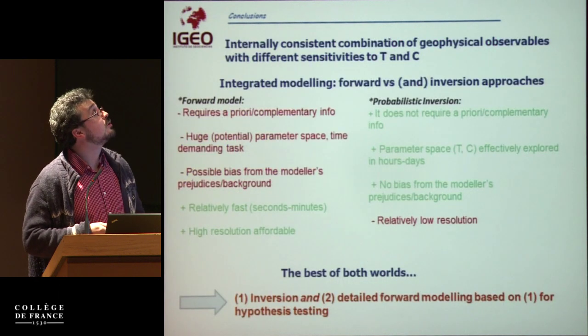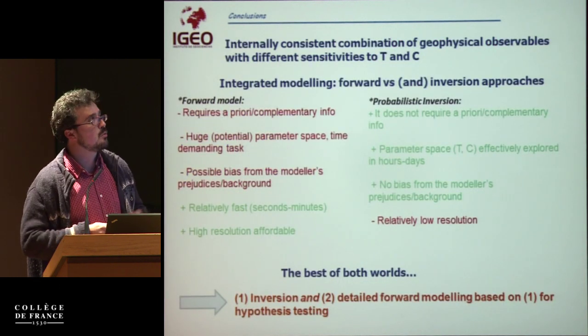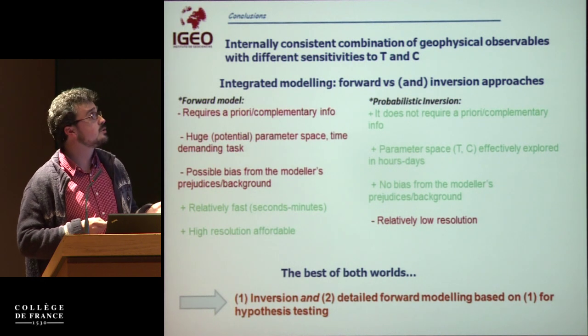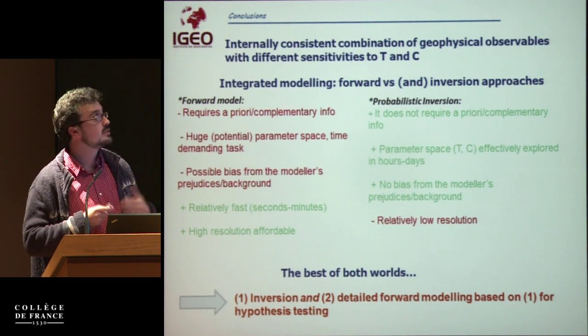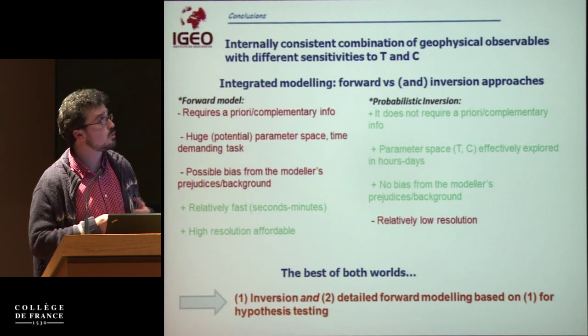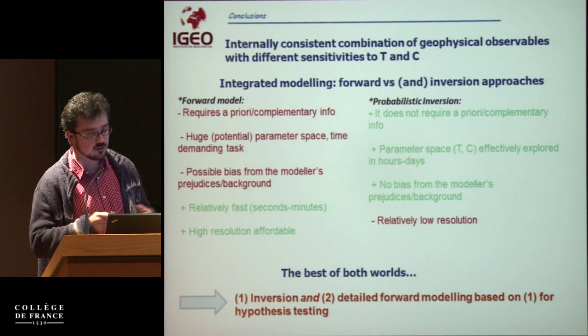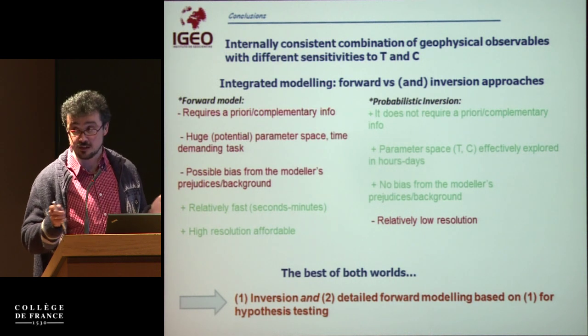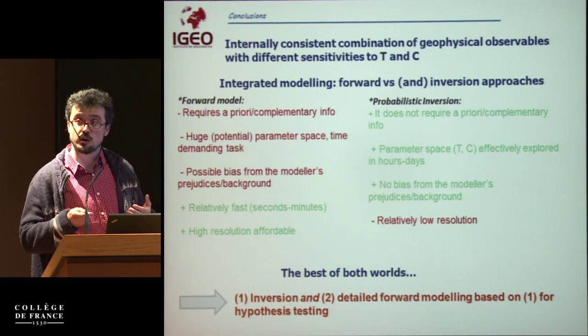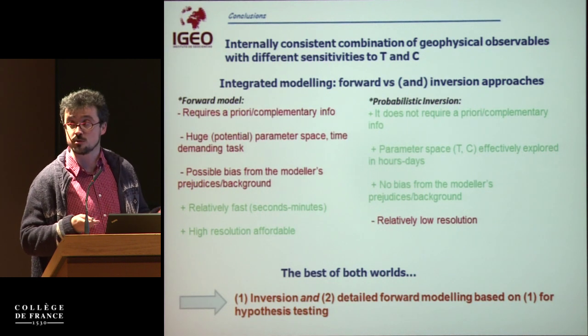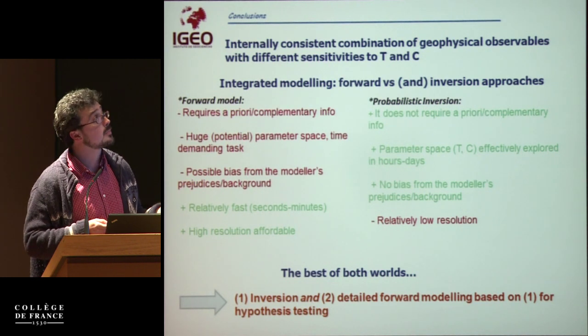Okay, so to conclude, I hope I have somehow persuaded you about the strong points of these combined or integrated geophysical-petrological approaches, where we try to avoid inconsistencies of dealing with the data sets independently, and also exploit the different sensitivities of the observables to variations in temperature and composition.